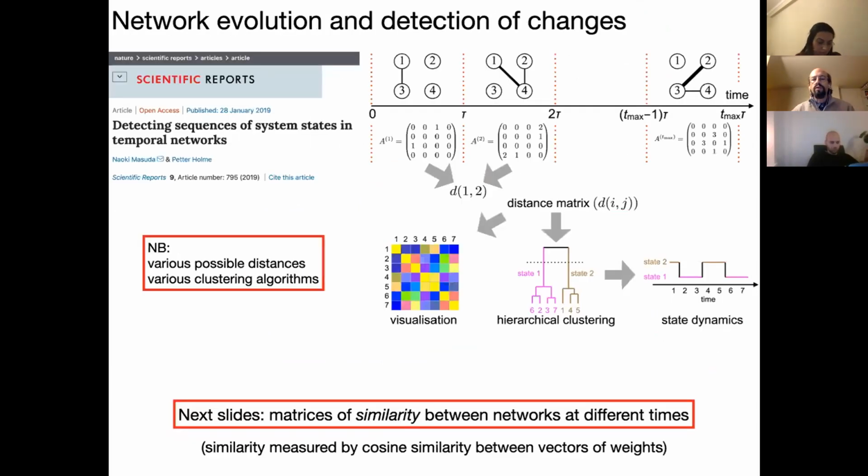The next step is to look at what happens about network evolution and whether this representation can allow to detect changes in the evolution of the social system.